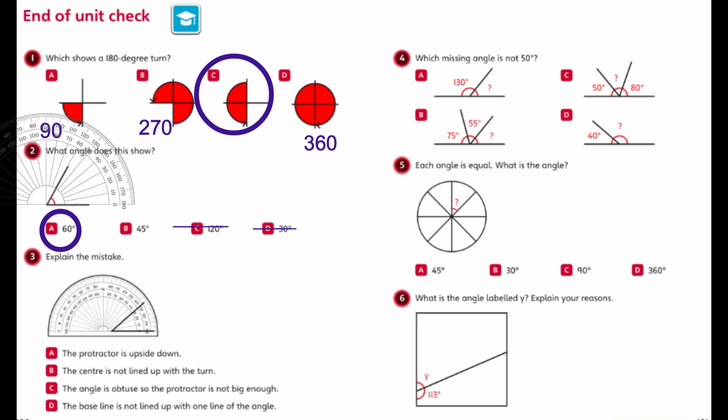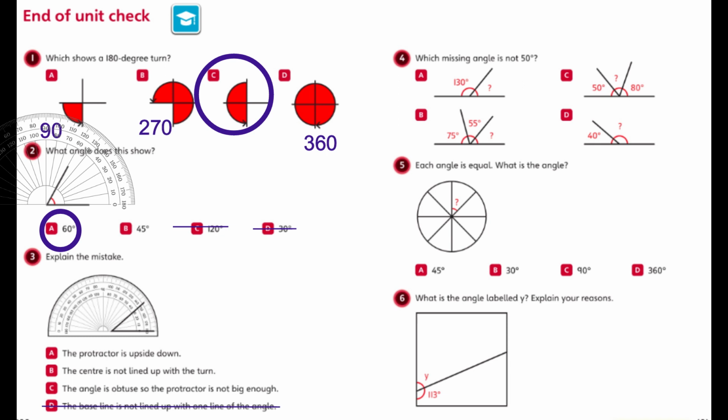It says, explain the mistake. So take a look at how this protractor has been placed on this angle, and you need to choose from these 4 options which one is the mistake that the person has made. Alright, I'm going to start by crossing out some answers that I know can't be the mistake. I'm actually going to start at the bottom. D is not what we're looking for.